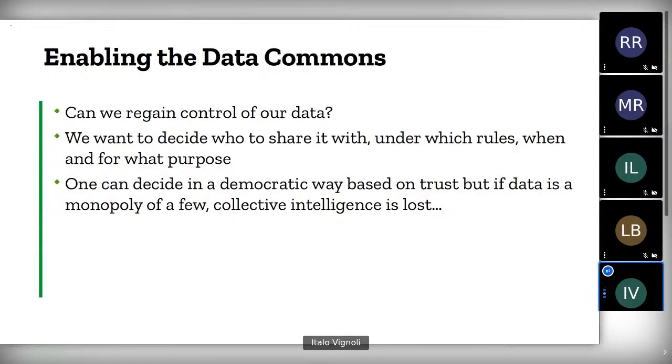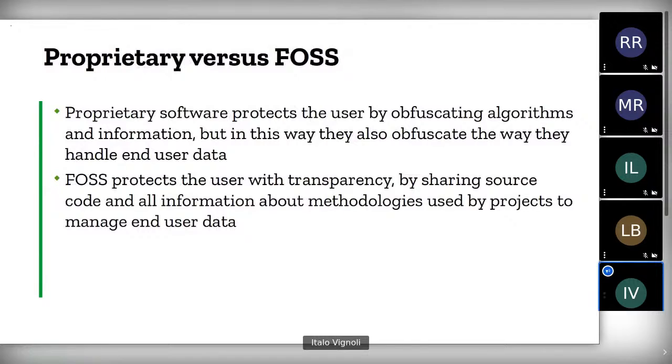But the reality is that if we look at the documents, the number of companies is smaller. If we look at technologies, of course, there are other technologies that concur to this situation. To summarize the difference between proprietary and free open source software: proprietary software protects the user by obfuscating the algorithm.